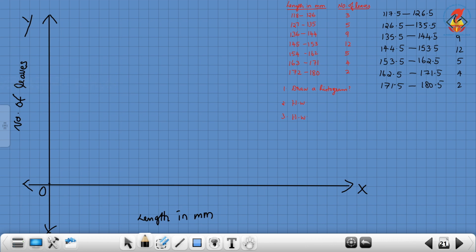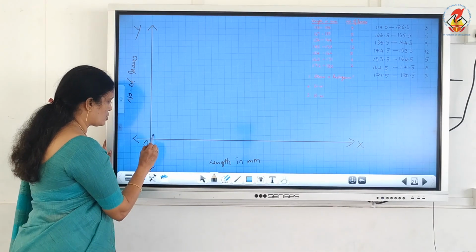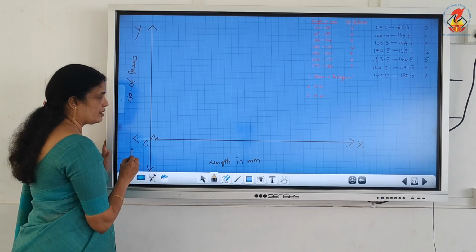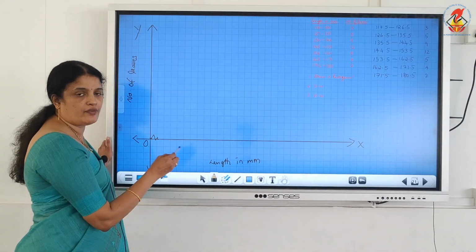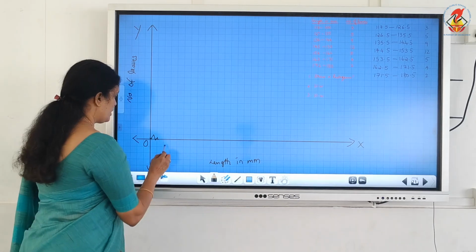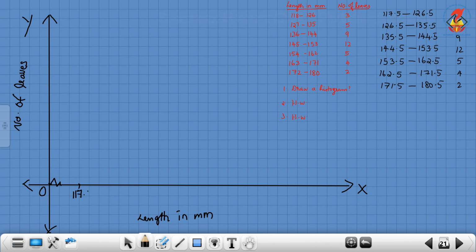Here first 0, then 117.5. In between there are so many numbers, so you should draw a zigzag line showing that many numbers lie between 0 and 117.5. Next you write 117.5.